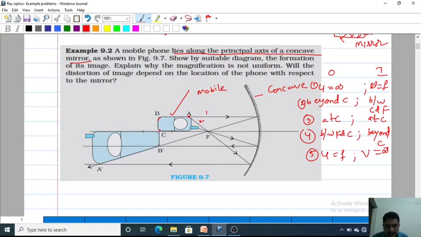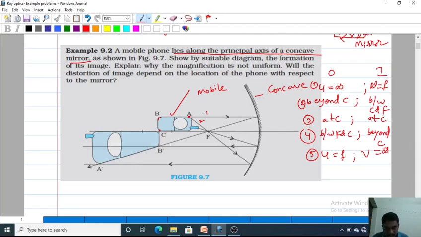One is moving parallel. A parallel ray of light, after reflection from this concave mirror, will pass through the focus.